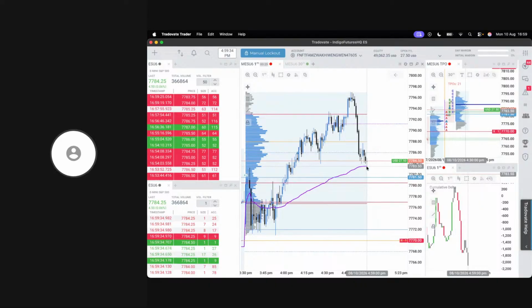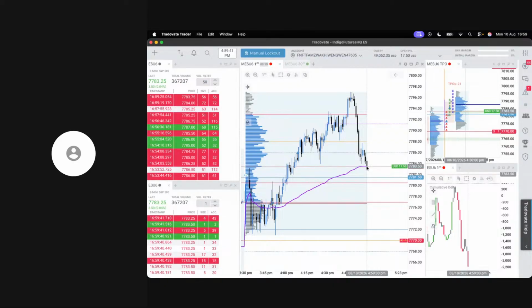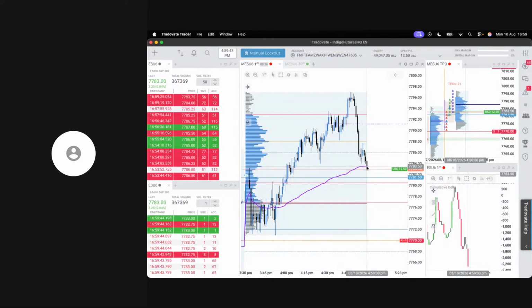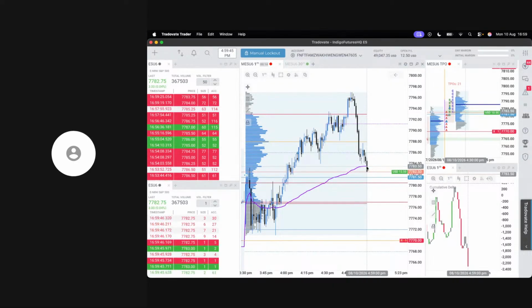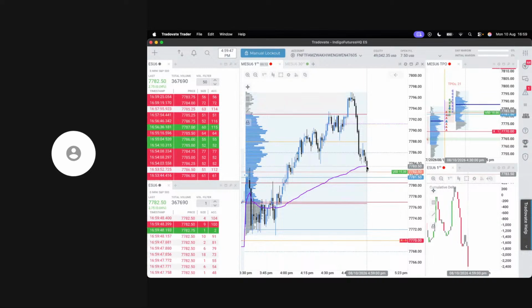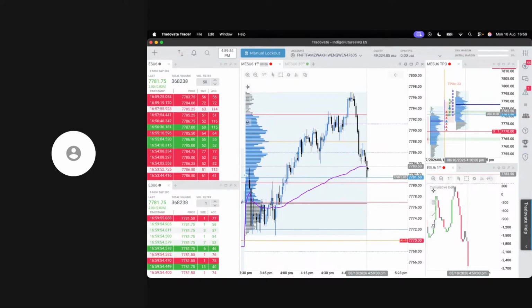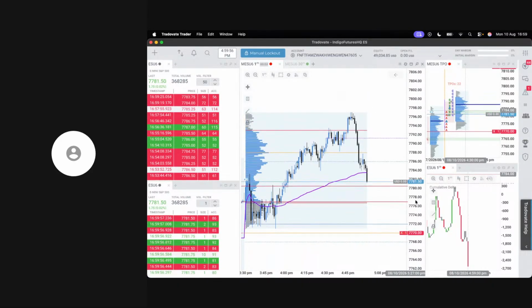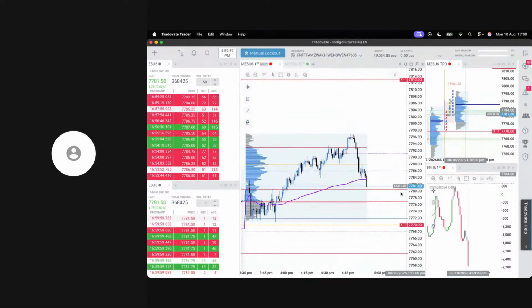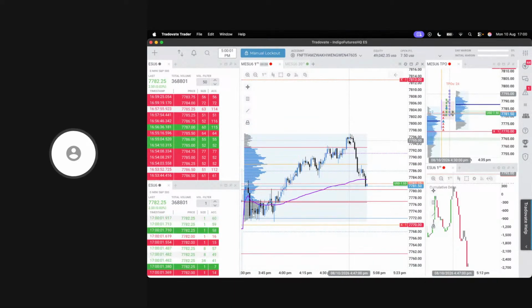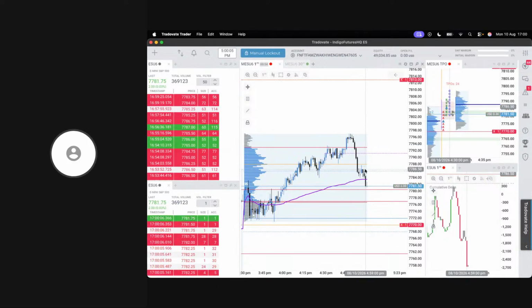There's your retest of VWAP finally. 83.50. Boys, how do we go from green to red in 13 minutes?